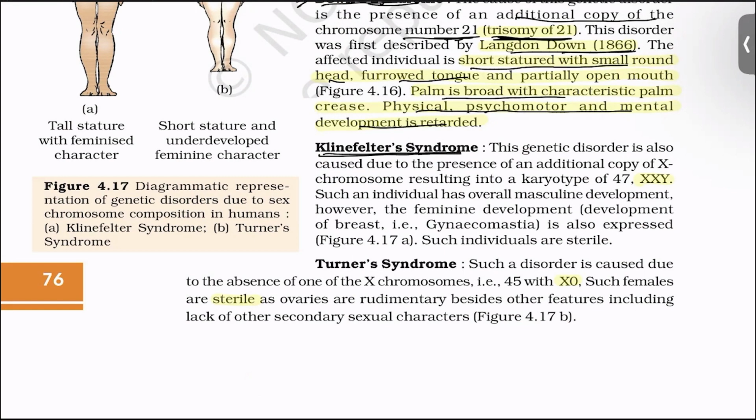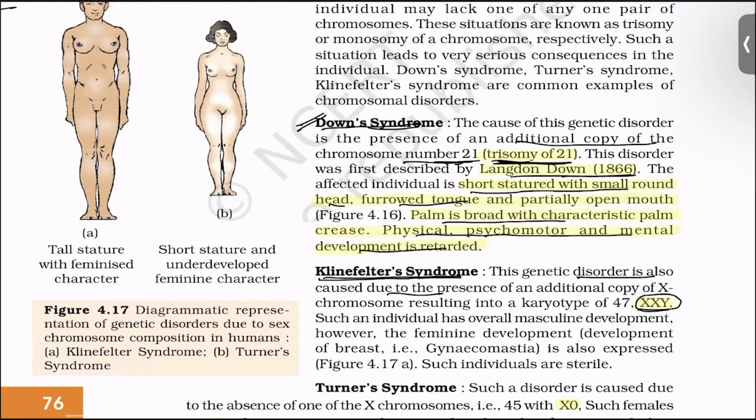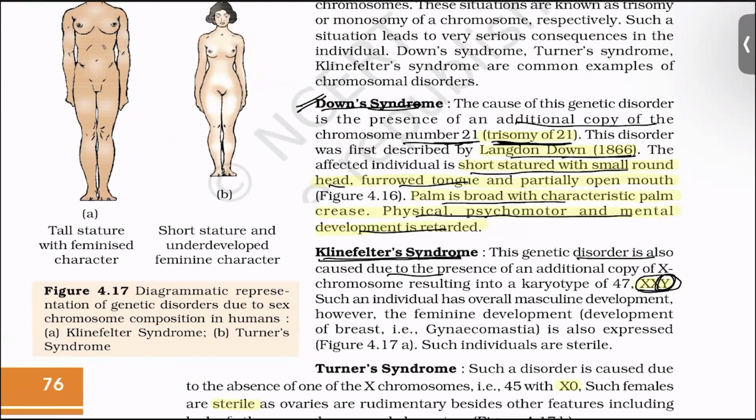This is a genetic disorder caused by non-disjunction of chromosomes, and the individual has an XXY chromosomal arrangement, so it has a Y chromosome. That means they're actually male, but they have 2 X chromosomes.